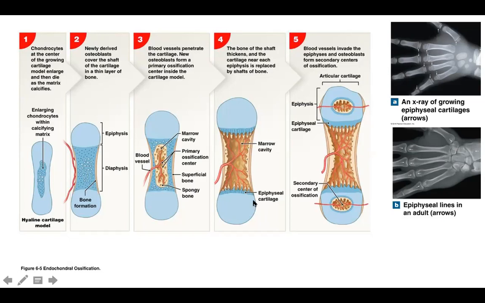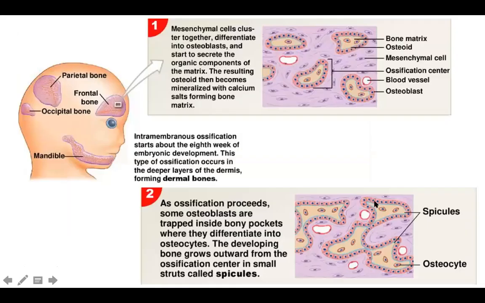Okay, that's the appositional growth. All right, and these are X-rays of it. You can see where there's still epiphyseal cartilage here, and then as it ossifies, you have that epiphyseal closure where that line disappears. Okay.